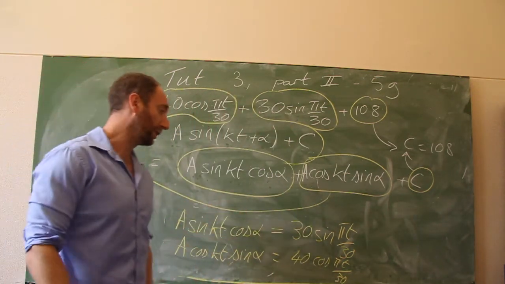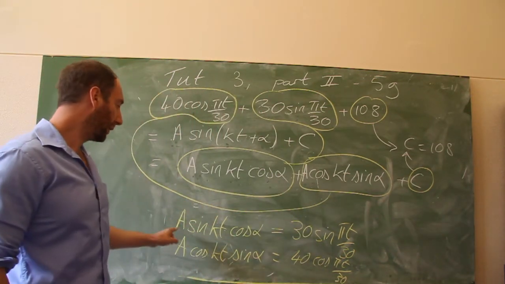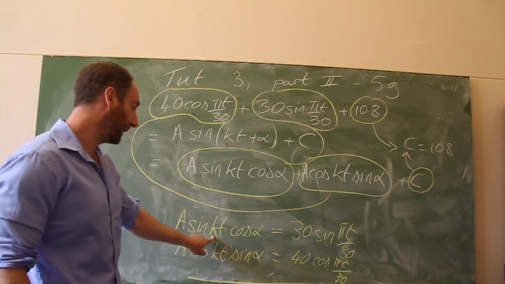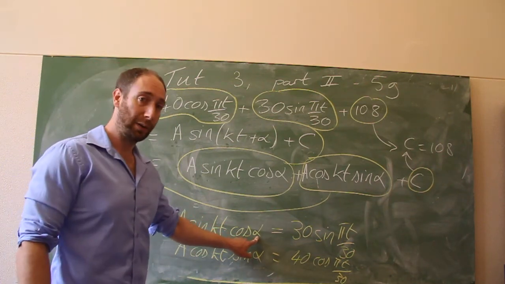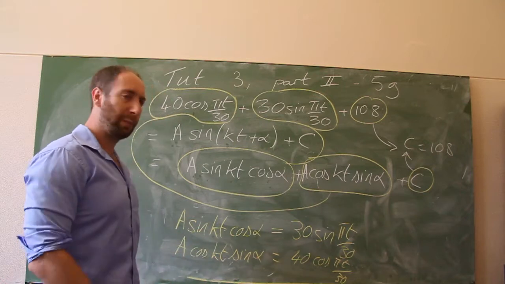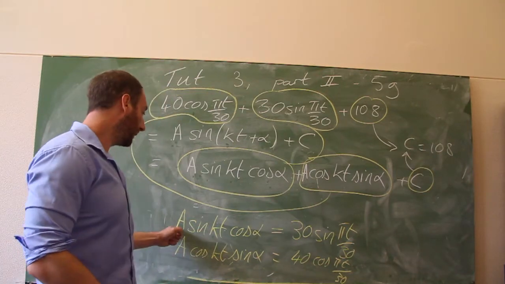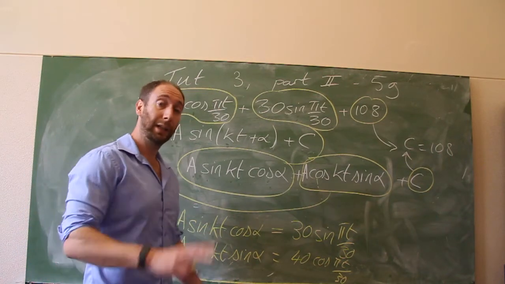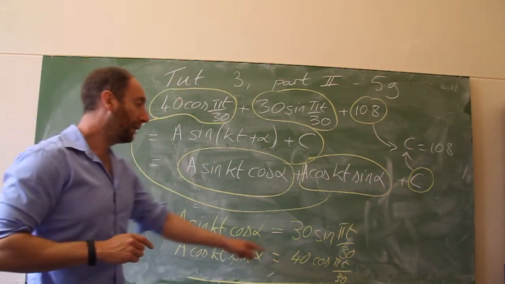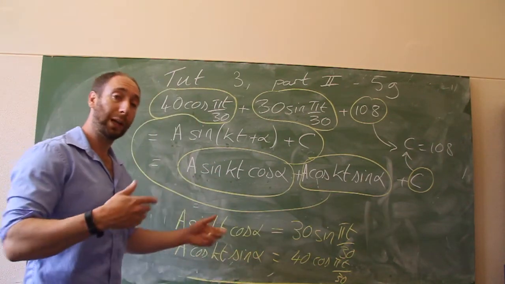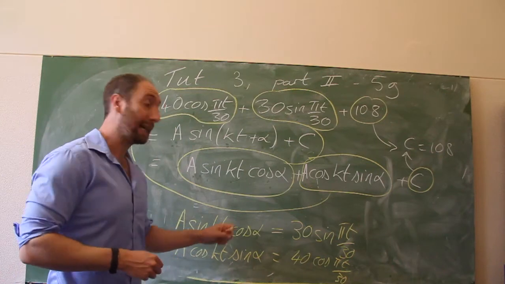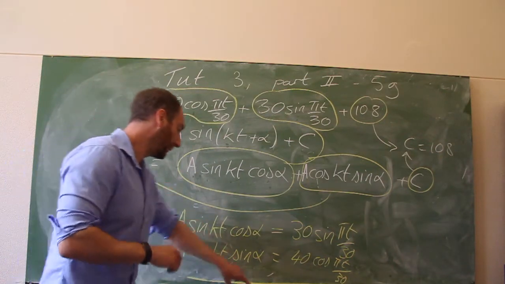Now we've got two equations, but it looks like we've got an unknown here, an unknown here, and an unknown here. It looks like we won't be able to do this, because generally if you've got three unknowns, a, k and α, you need three equations. However, by looking at the structure of these equations, we can already get an idea as to what k might be. So let's rub this off and see what happens.